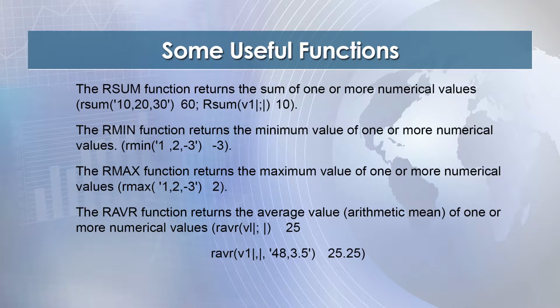Similarly, we have raverage to calculate the arithmetic mean of different tags, definitely numerical values of different tags or some given numbers. So these are the numerical functions available to handle, and sometimes they work beautifully to handle different critical cataloging conditions.